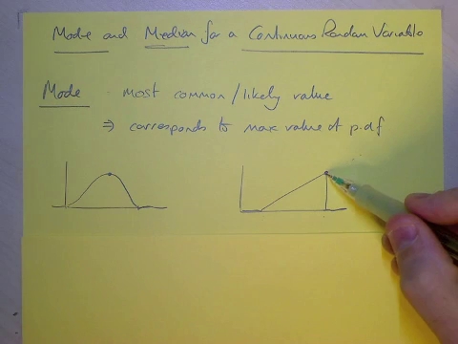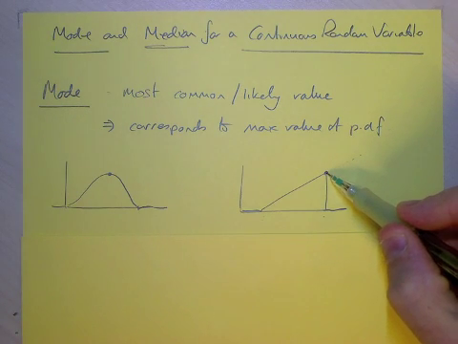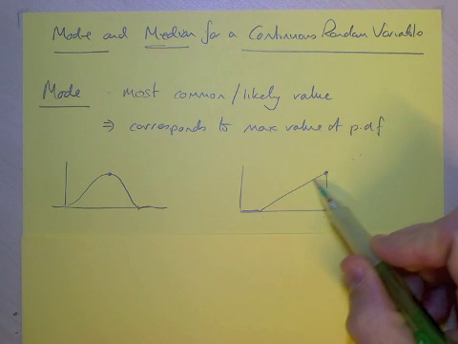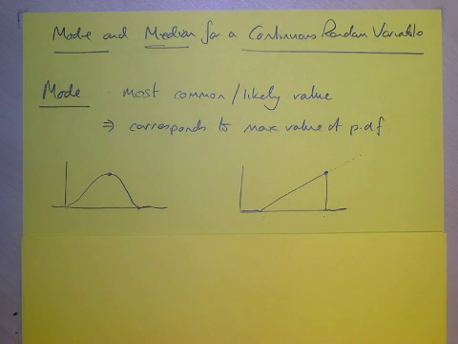But of course, I won't be able to find this using calculus because the PDF does not have a stationary point at that particular value. So knowing what these things look like is going to be crucial in identifying the mode.